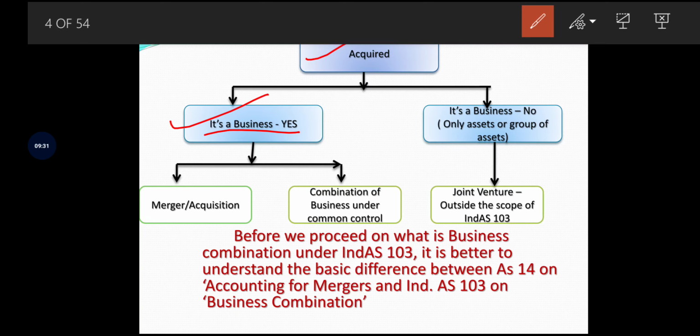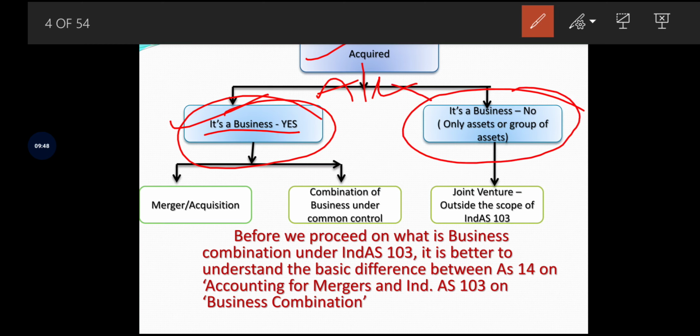There are two situations in this. In one, the company purchases assets and liabilities from another company which is engaged in business. In the other, the company purchases assets and liabilities from one that is not engaged in business, that is, only an asset or group of assets. So understand carefully.